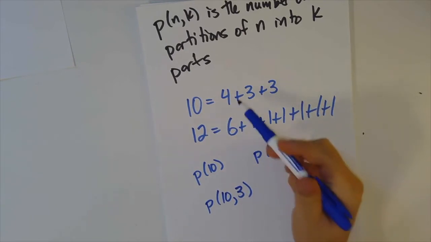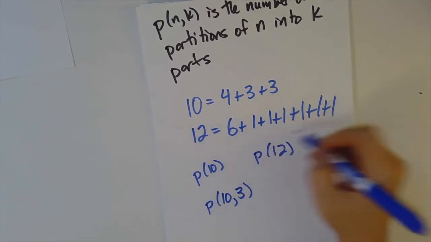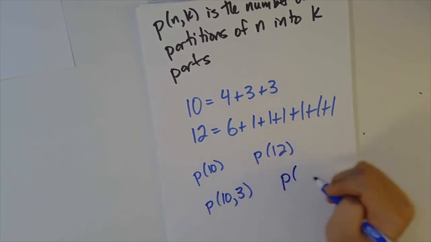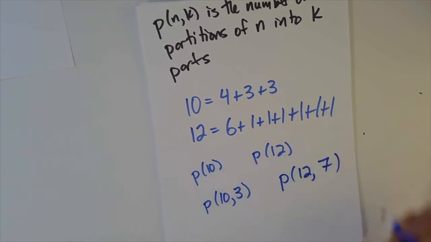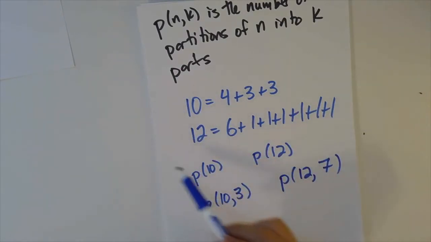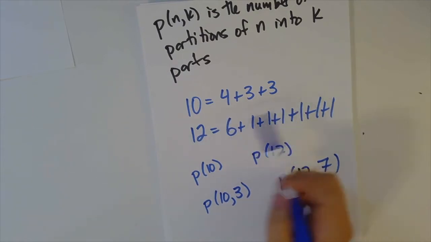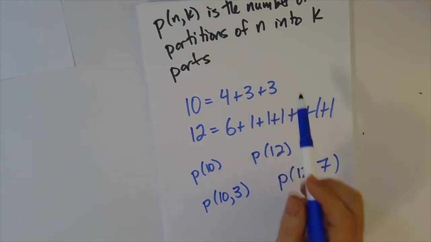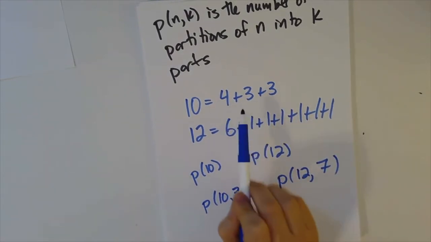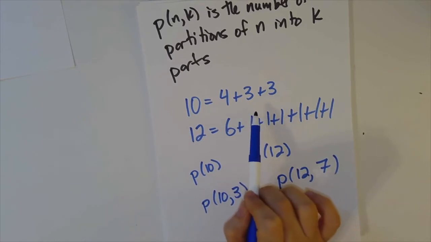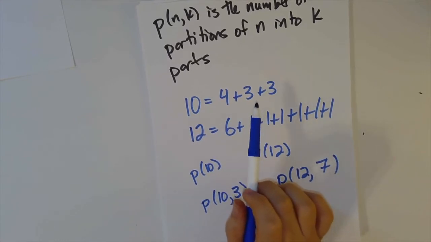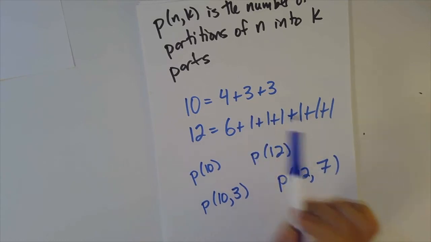So it's counting things like this, whereas this thing would be counted by p of 12,7, because it's a partition of 12 into 7 parts. Remember, for all partitions, we don't care about the order in which these numbers are written. So we're just, by convention, always writing them in decreasing order because that makes it easier to list all of them.